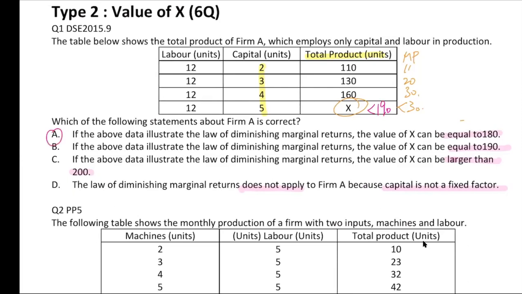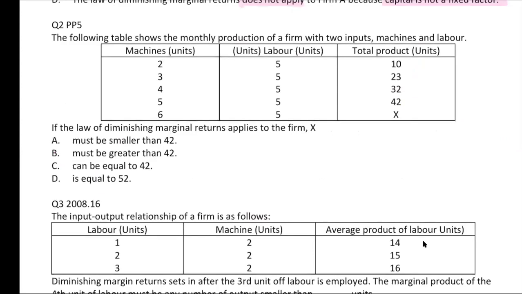So this is a way to find the answers. If you know that, find the MP. But the key is that there should be a criteria. It should be smaller than a value, and then check which option fits the criteria. Actually you can see the other questions are also the same.